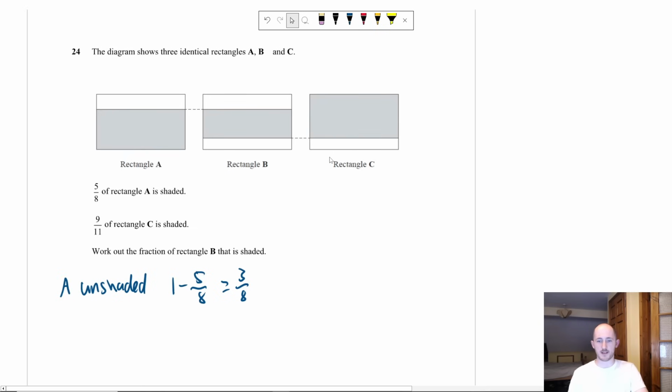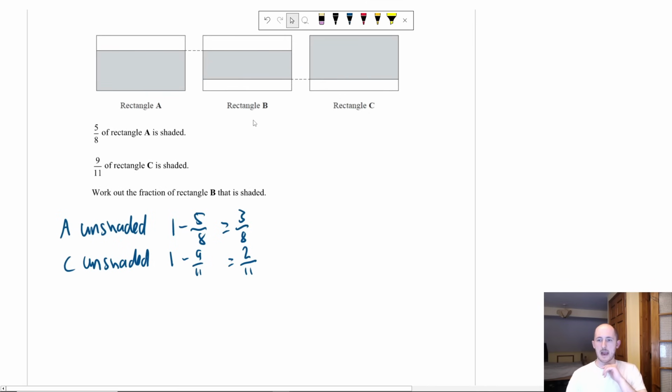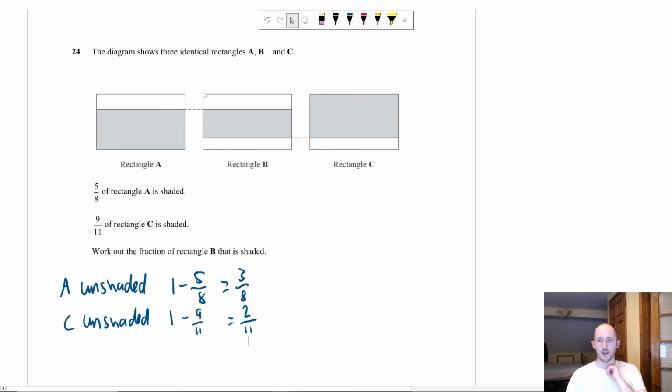With C, we're going to do the same thing. 1 minus 9 over 11, which is 2 over 11. So to work out how much of B is shaded, we're going to take the whole, 1, and subtract the 2 unshaded parts here.